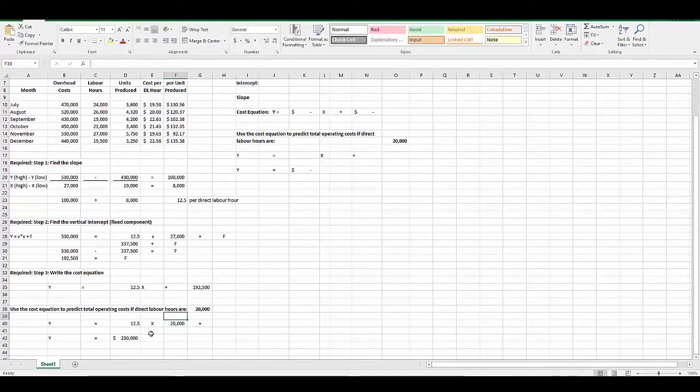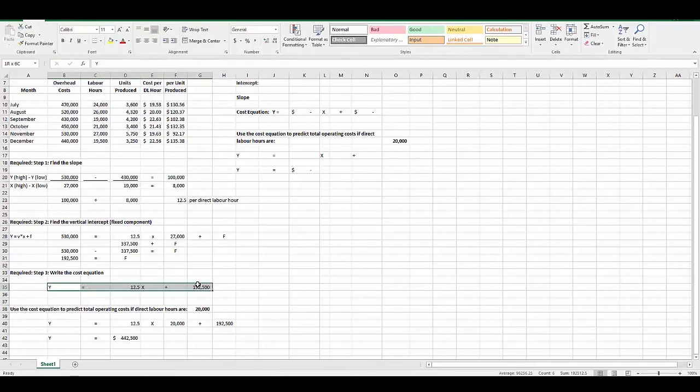And don't forget your fixed cost, which is 192,500, which we've just calculated. So Y will then be equal to 442,500.